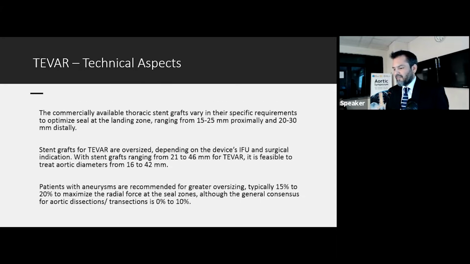We also need at least a 15 mm landing zone, which means the top part of the graft has to be beyond 1.5 centimeters of where the aneurysm starts. This is a particular problem because a lot of these ruptures, dissections, or pseudoaneurysms commence just beyond the left subclavian. So to achieve that 1.5 centimeters, you will have to cover the left subclavian.